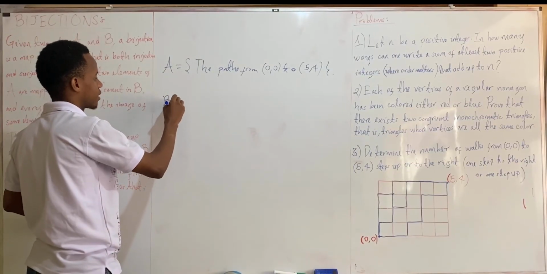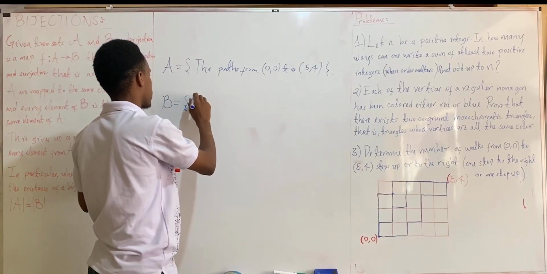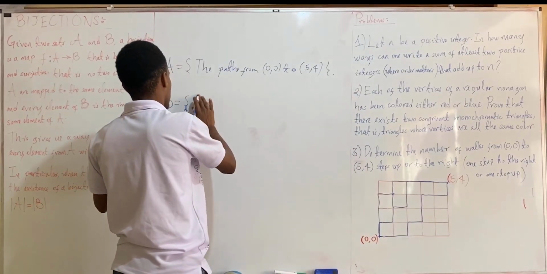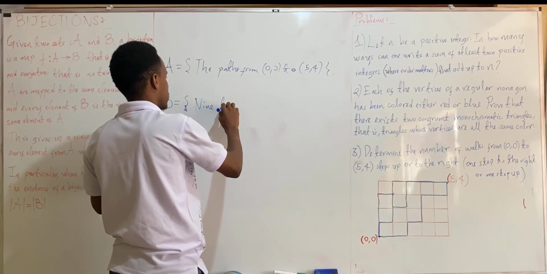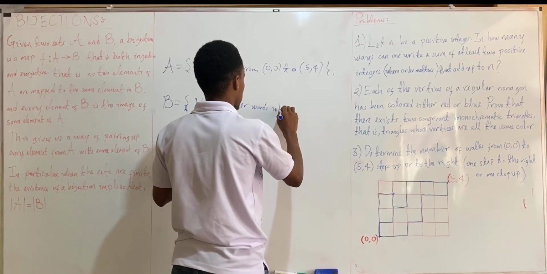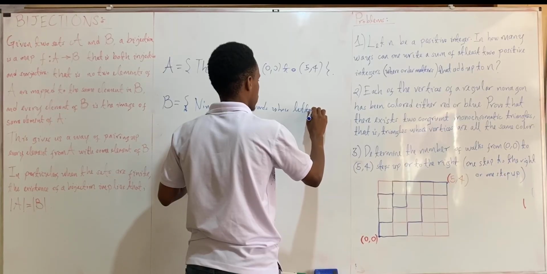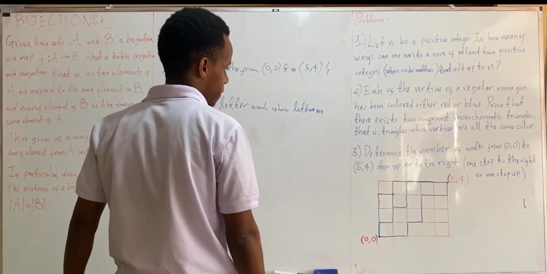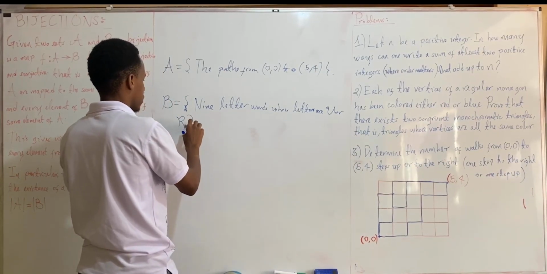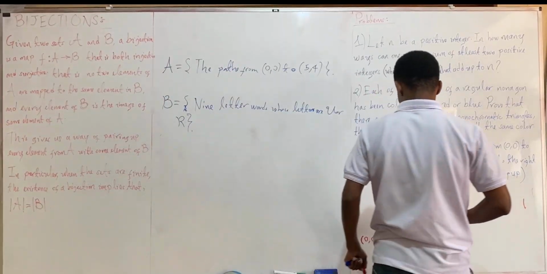And then we define another set B, which is the set of nine letter words whose letters are U or R. So just as an example, we have seen this part.